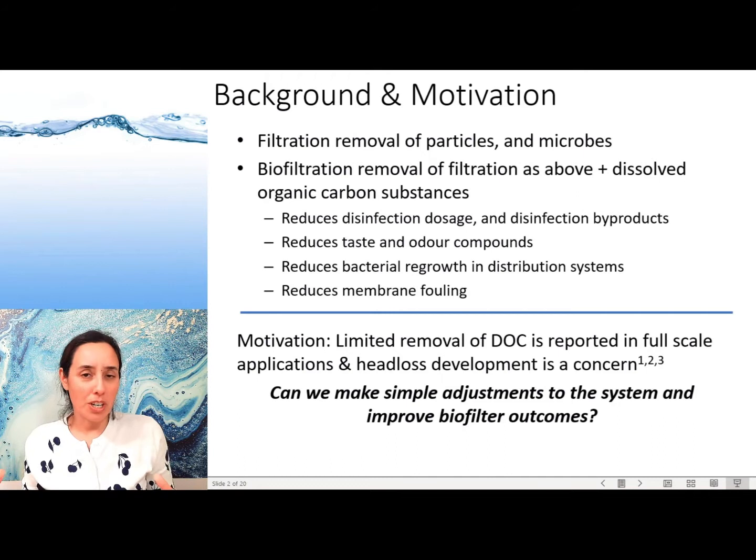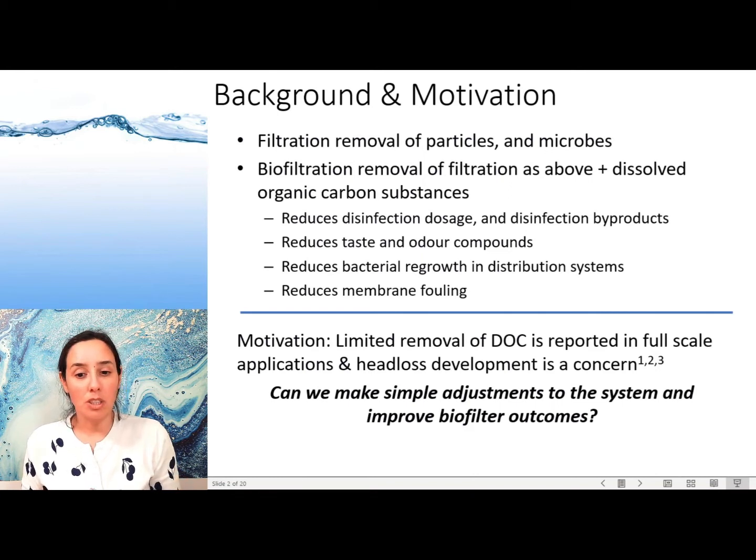So what's the motivation for this research then? Even though biofiltration has a lot of promise and potential, and many plants are using them, but many plants are not, there's still limited removal of DOC reported at full scale. The range is between 10 to 17%, and I think we should be aiming for something higher than that.